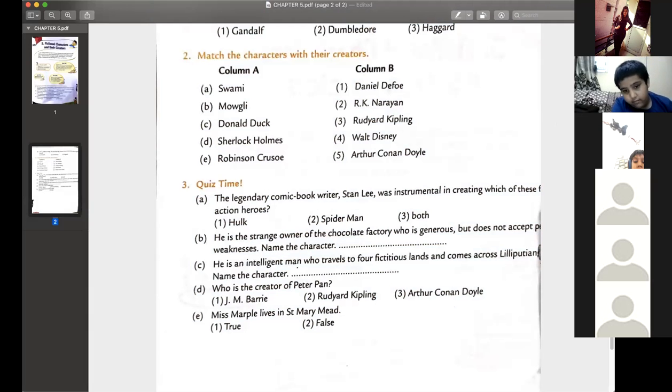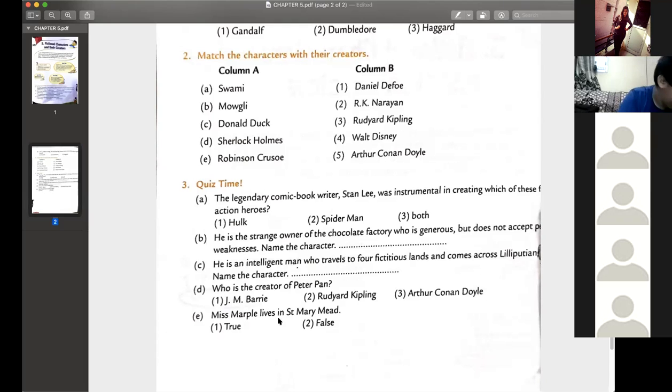Who is the creator of Peter Pan? We all have heard and seen Peter Pan. Yes, Harshit Gupta. J.M. Barrie. Excellent.